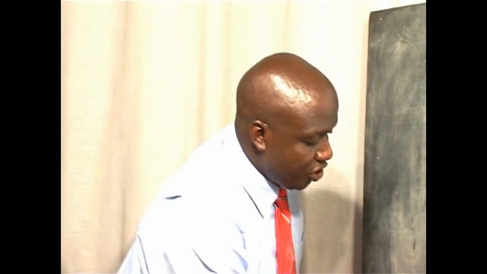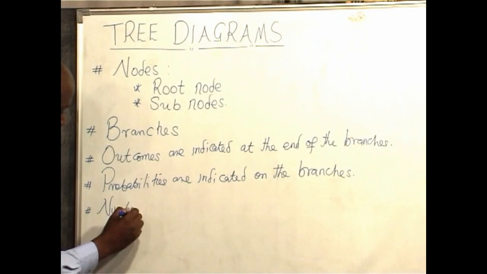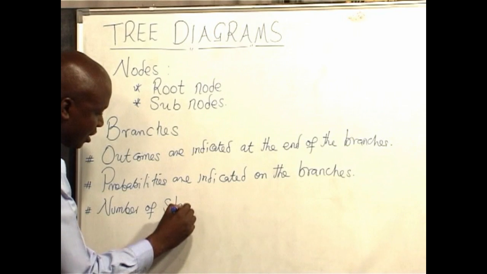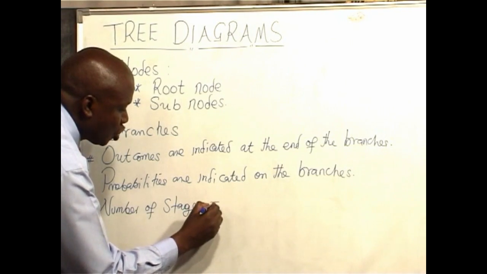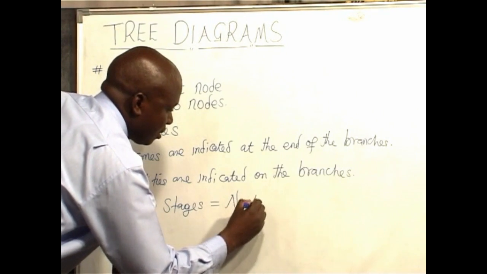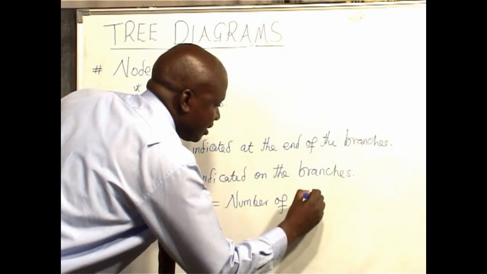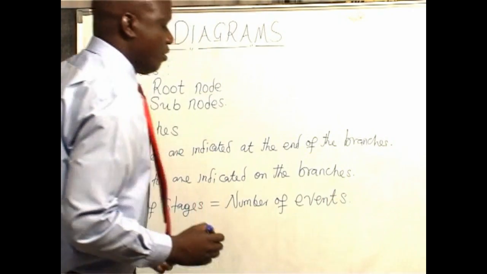So the last point to take note of is that the number of stages in the tree diagram must be equal to the number of events that are going to be performed.